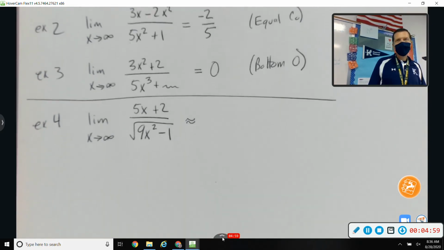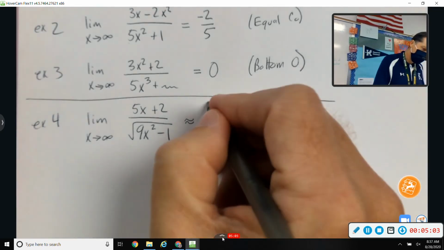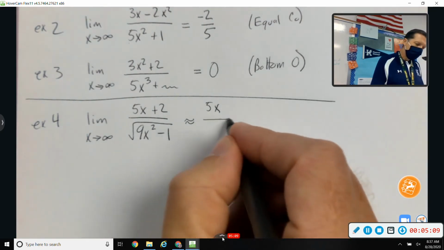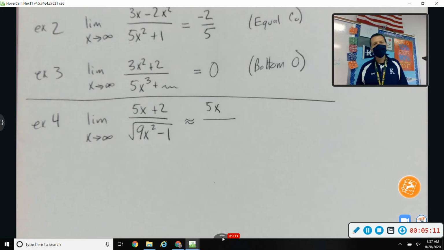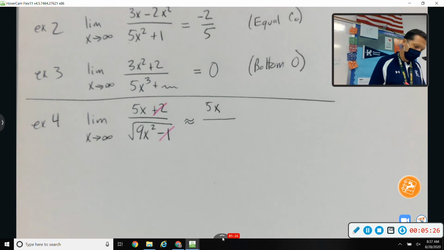So let's look at the highest power of the top. Definitely 5x. The plus 2 doesn't really matter so much anymore. In the bottom, the minus 1, I mean, it's important, but when you're plugging in 5 million and then squaring it and multiplying it by 9, how important is it really?